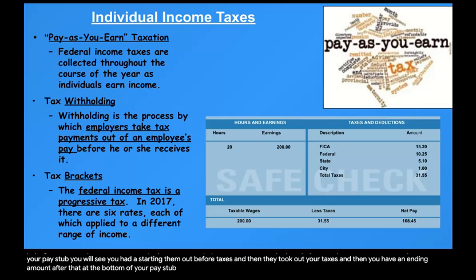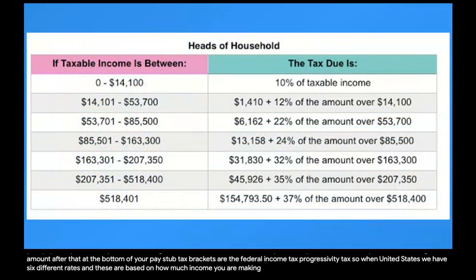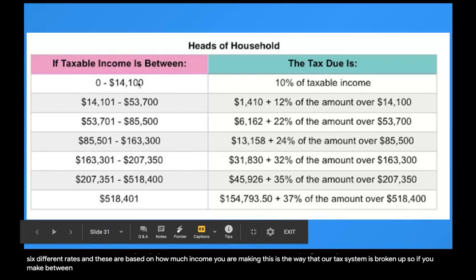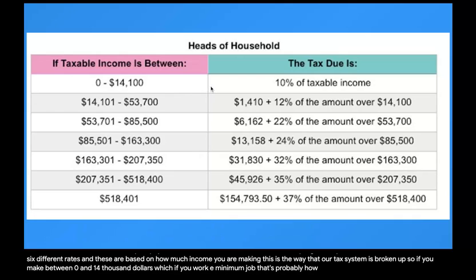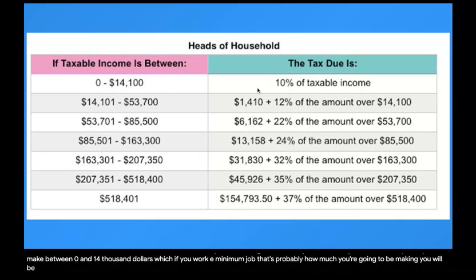Tax brackets are the federal income tax, a progressive tax. So in the United States, we have 6 different rates, and these are based on how much income you are making. And this is the way that our tax system is broken up. If you make between $0 and $14,000, which if you're working a minimum wage job, is probably how much you're going to be making, you will be paying 10% of your income to taxes.